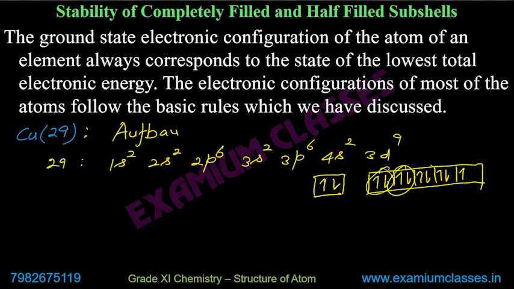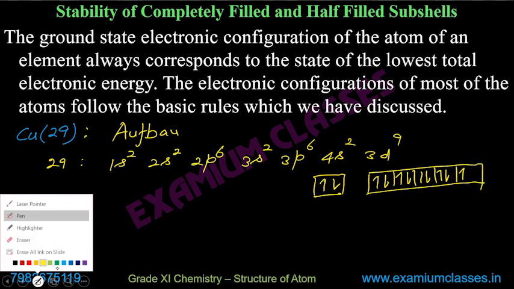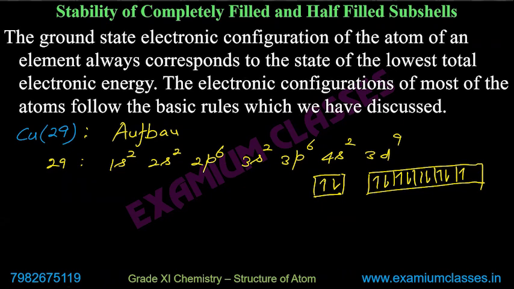These 4 orbitals have 2 electrons. However, the last one has only one electron. Again, the same thing happens because these orbitals have almost the same energies. One electron from here moves to this orbital.